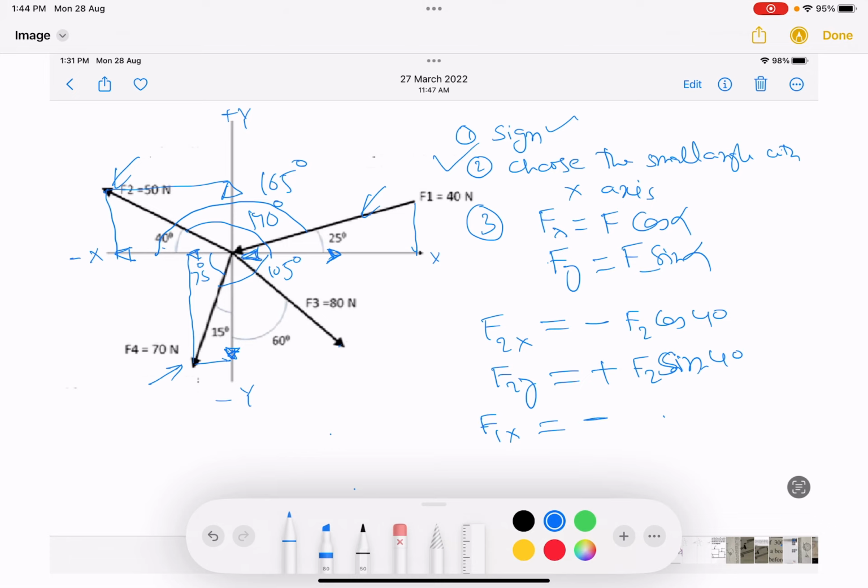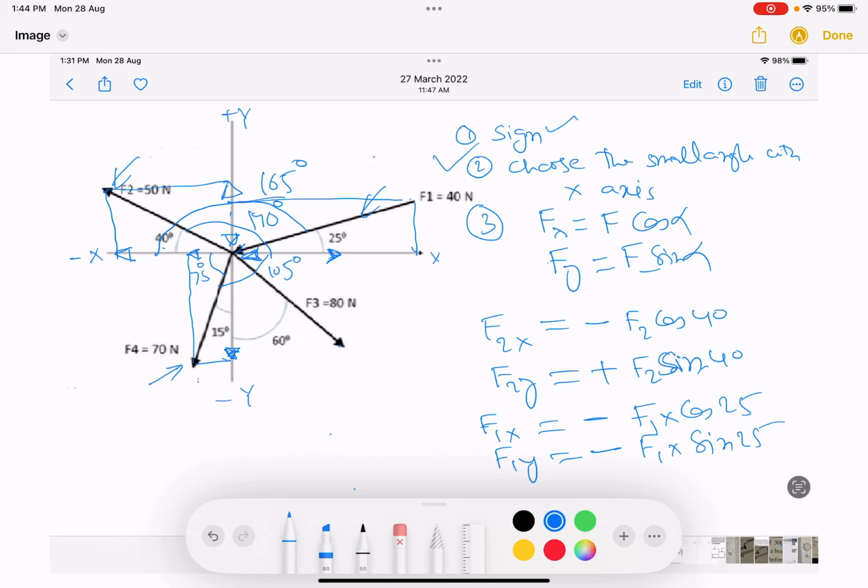So it is minus sign. F1y: when you resolve it like this, this is the resolution, and this is the arrowhead, so it will be downward. F1y will be downward, so this is also minus. And then you will write F1 into cos of 25 and F1 into sine of 25, right?